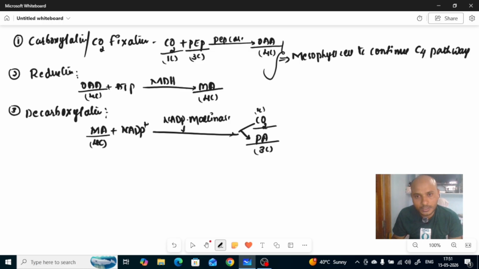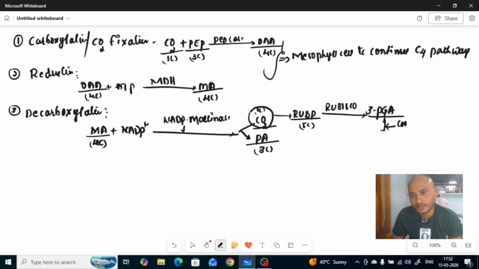Here the carbon dioxide formed in the bundle sheath cell is accepted by the 5 carbon compound RuBP in the presence of rubisco enzyme. Then it forms a 3 carbon compound, that is 3-PGA, 3-phosphoglyceric acid, which is the photosynthetic stable product in the C3 cycle, and this 3-PGA will continue into the C3 cycle.